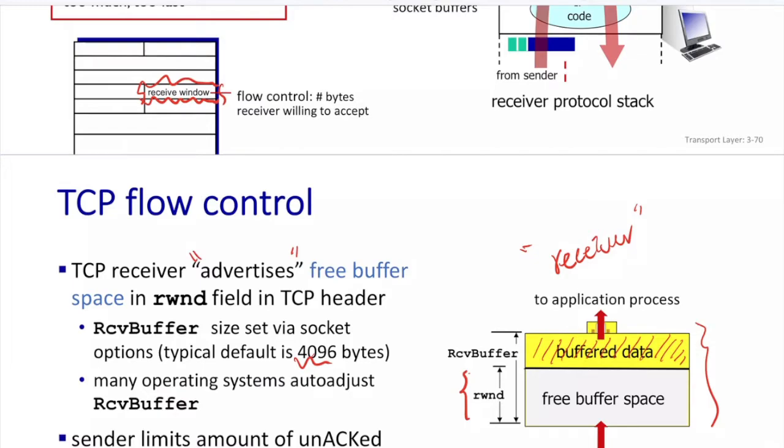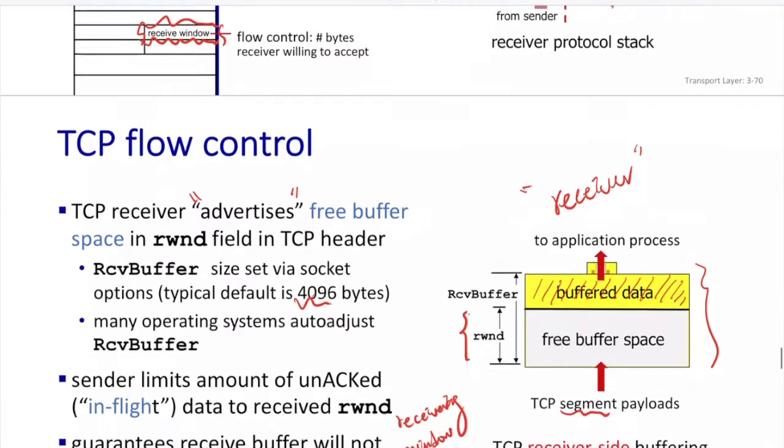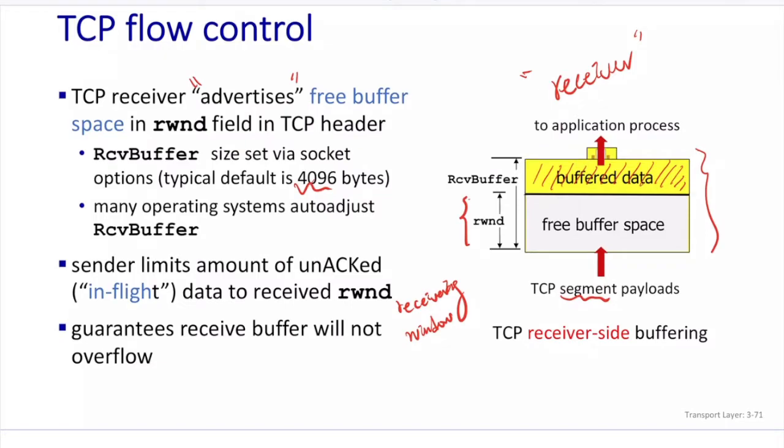The receiver should write down how much free buffer space, in bytes of course, is available, and put this number in the TCP header in that receive window field, so that the sender can keep monitoring how many bytes are there in the free buffer space.